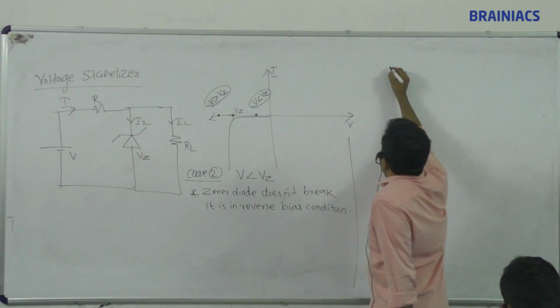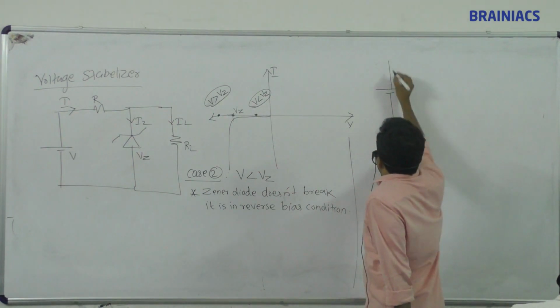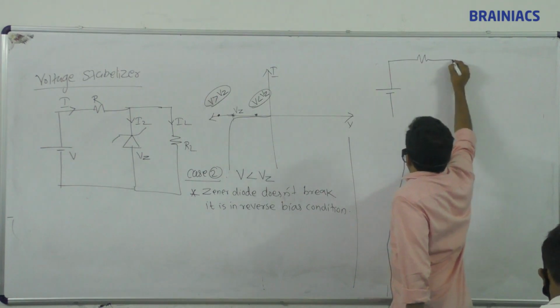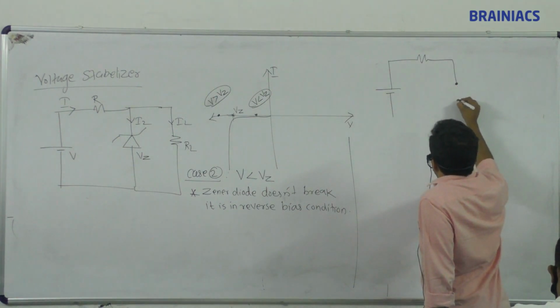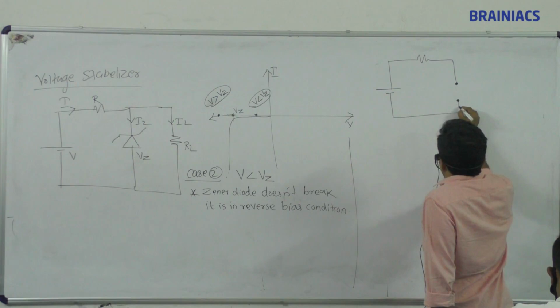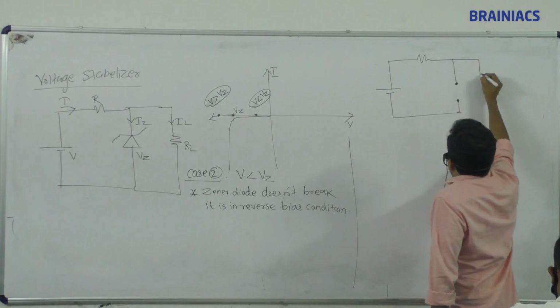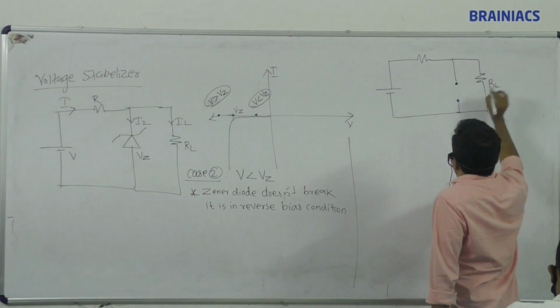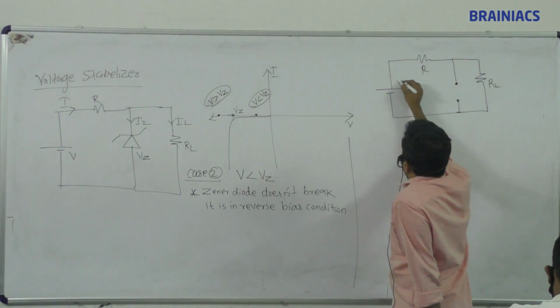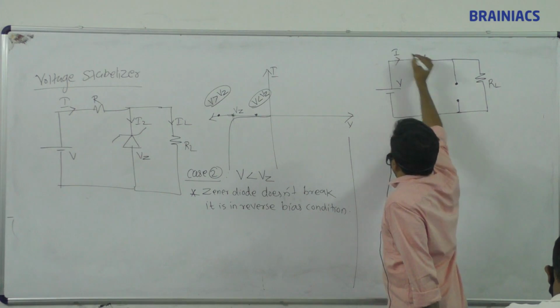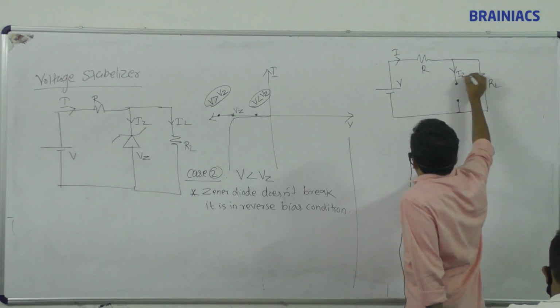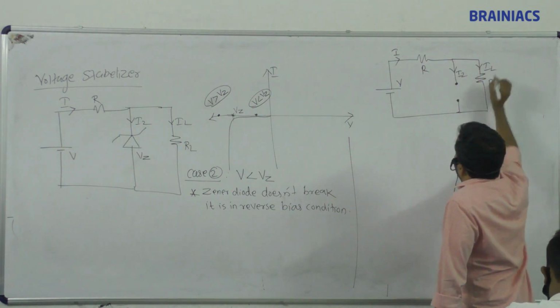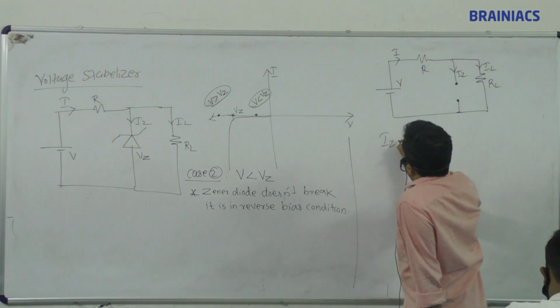So how will the circuit look? Positive, negative battery, resistance, and the diode is open circuited. Here we have RL, we have R, we have V, so we have I, Iz and IL. What is Iz?